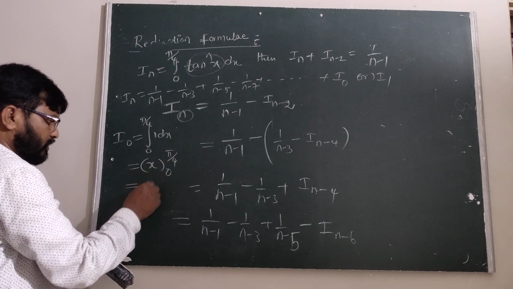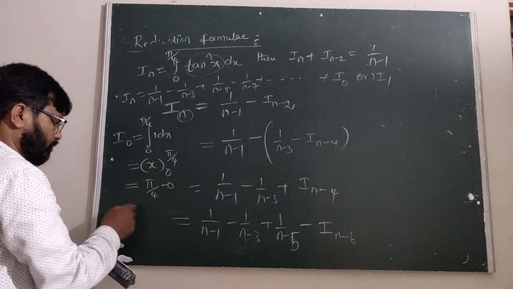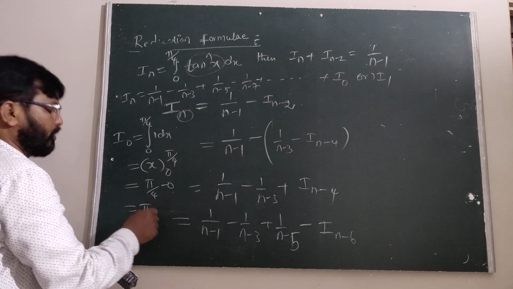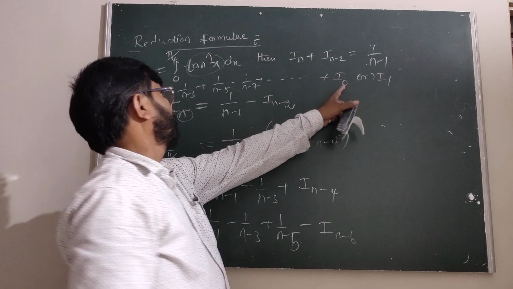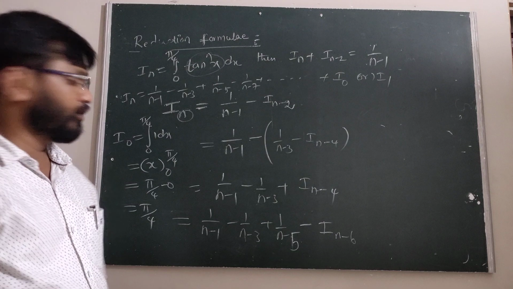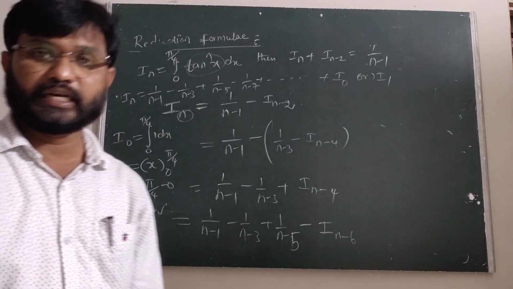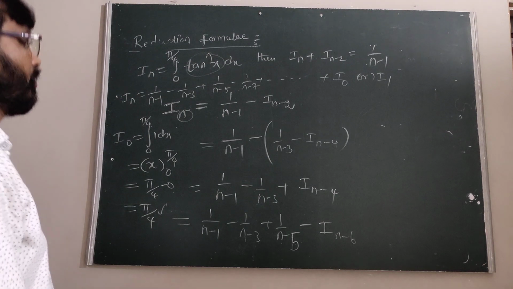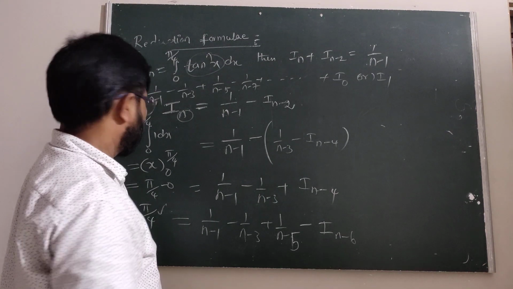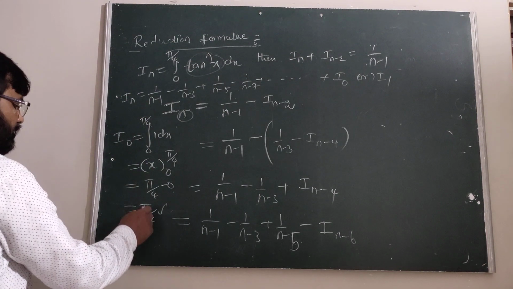Now this is pi by 4 minus 0. Therefore I_0 is pi by 4. Okay, is it clear? Therefore undoubtedly, I_0 means pi by 4.